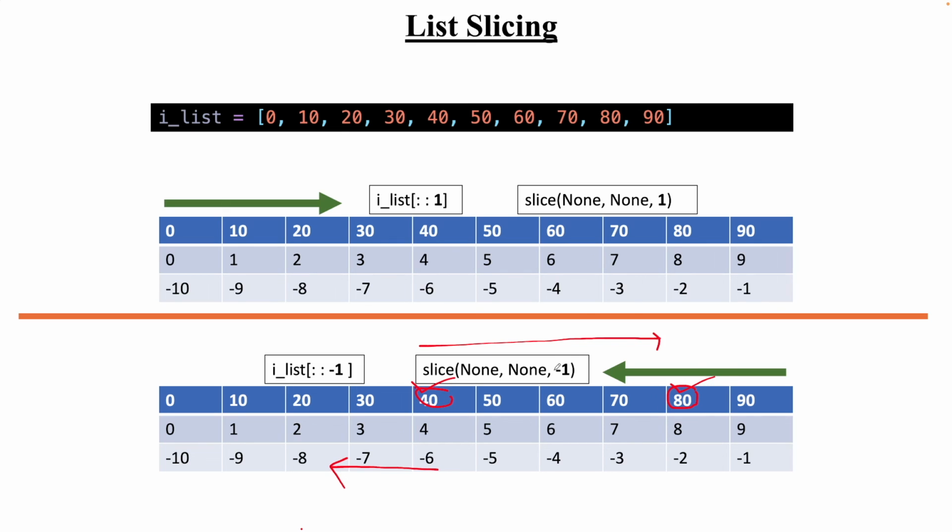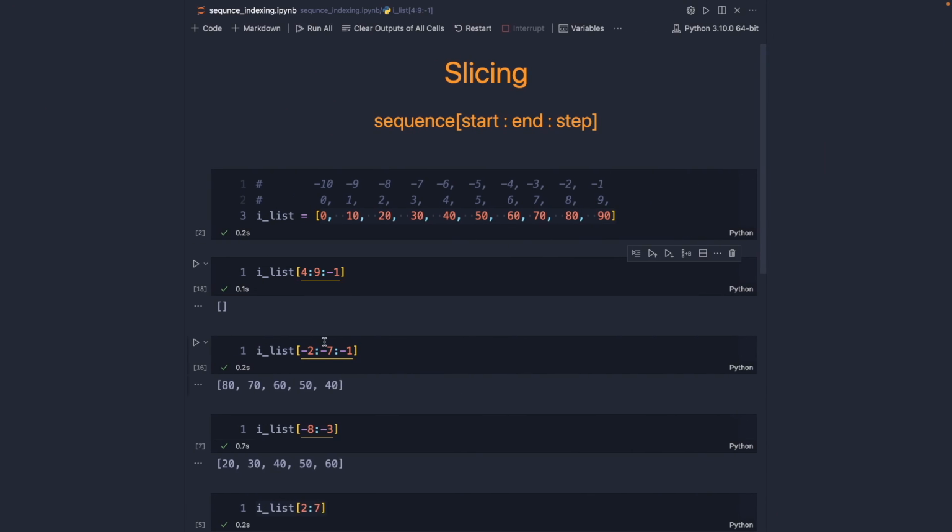So whenever we have a negative step, whatever index you choose as the start point, the end must be from there to the left-hand side. It cannot be on the right-hand side. So I hope that gives you pretty good clarity about negative slicing and negative steps also.